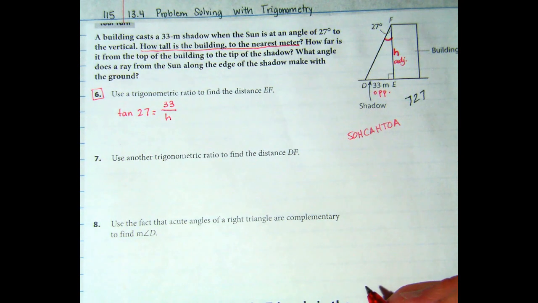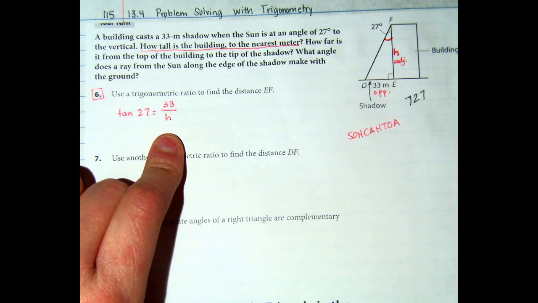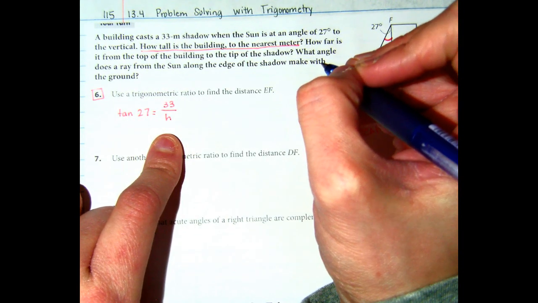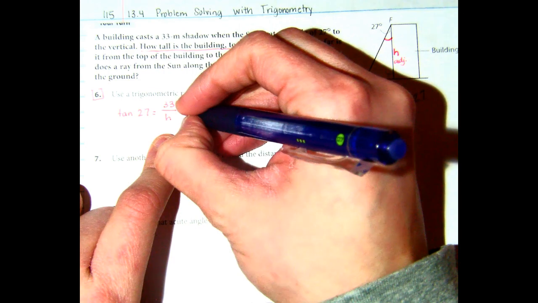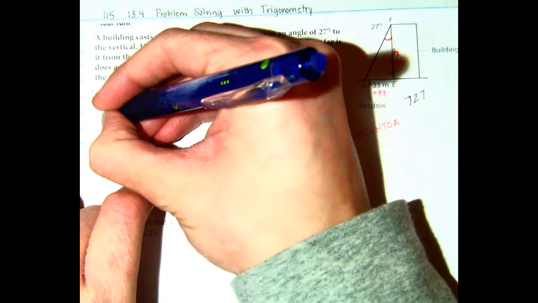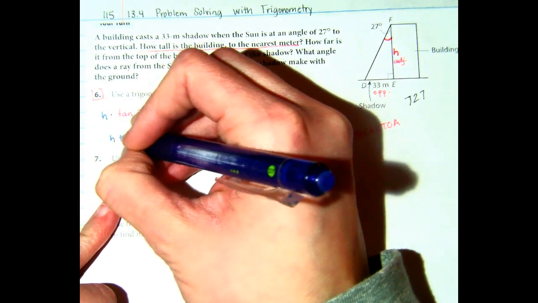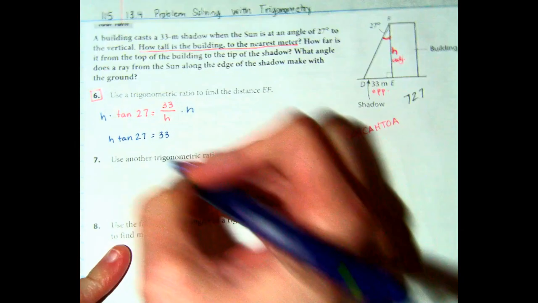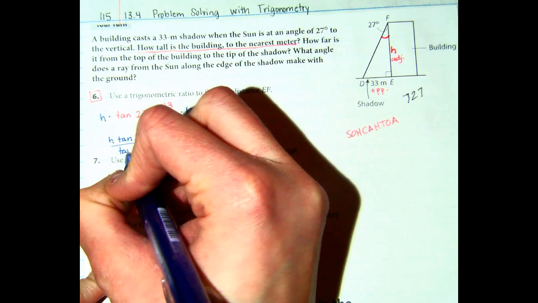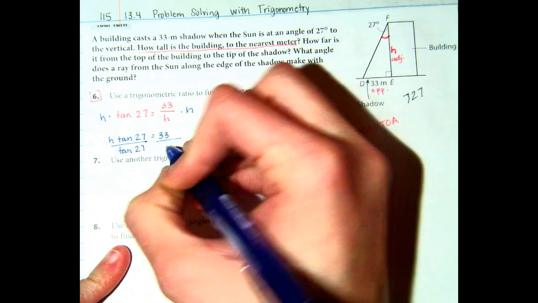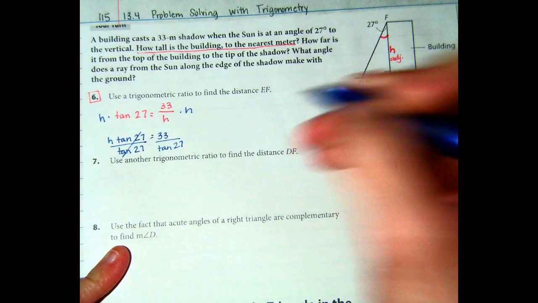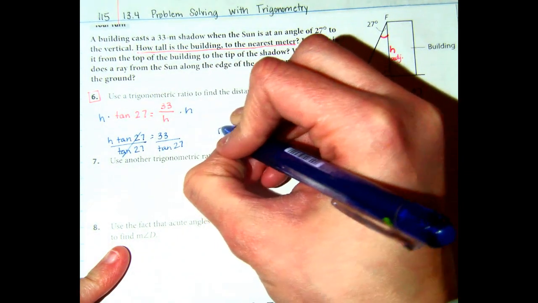Okay, how do I solve one that's like this again? Yes. What's the first step to do that now? Times H. So H tangent of 27 equals 33, and then we do what? Divide by tangent of 27. What are you actually going to do to find the value of H, which is actually EF?